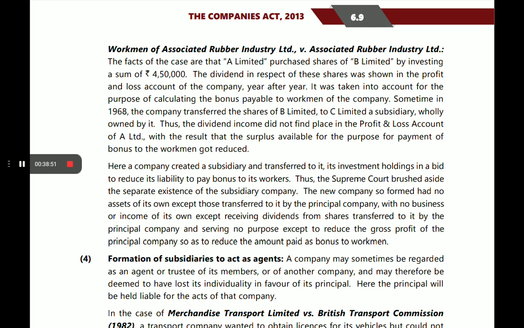Thus, the dividend income did not find place in the profit and loss account of A Limited, with the result that the surplus available for the purpose of payment of bonus to the workmen got reduced.